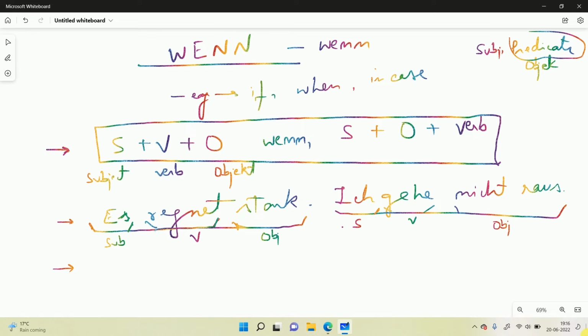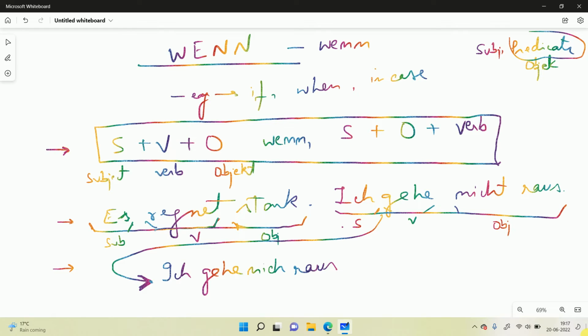So here what I will do is, ich gehe nicht raus, I will take it in the first place, right? Because remember, this is subordinating, so there will be certain changes in the sentence as well as in the verb position. So the sentence will look like: ich gehe nicht raus, that is, this sentence is completely copied in the first sentence.